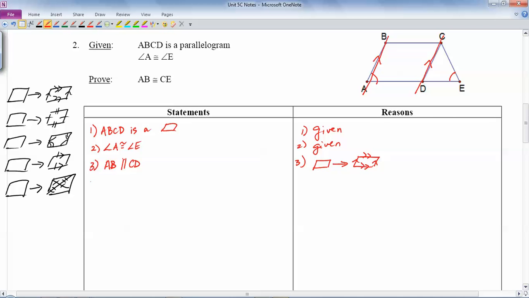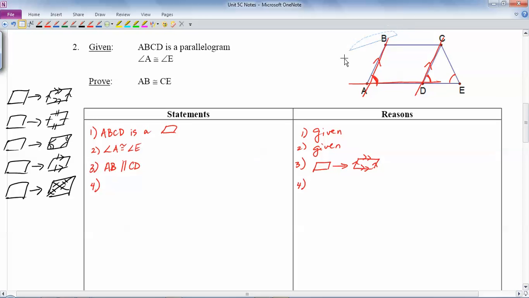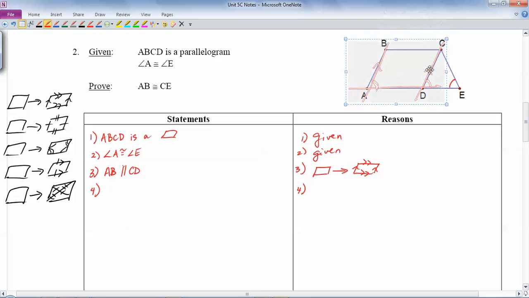Okay. And that's useful because I can then do this, where I take this angle and I match it up with that angle. And if I slide this over, parallel lines give me these angles congruent. These are corresponding angles for the parallel lines.